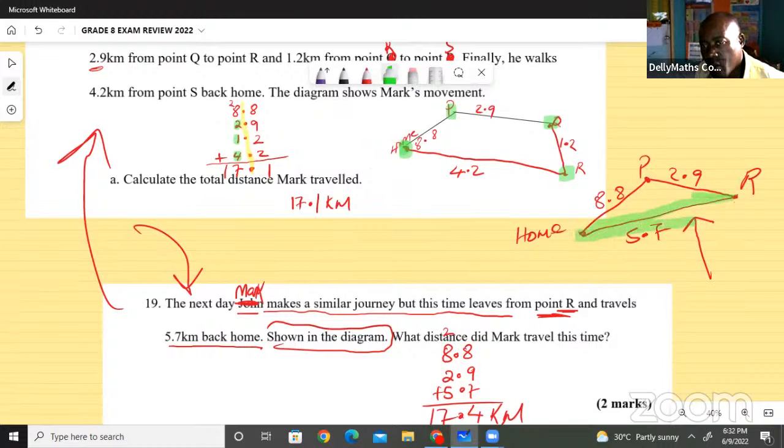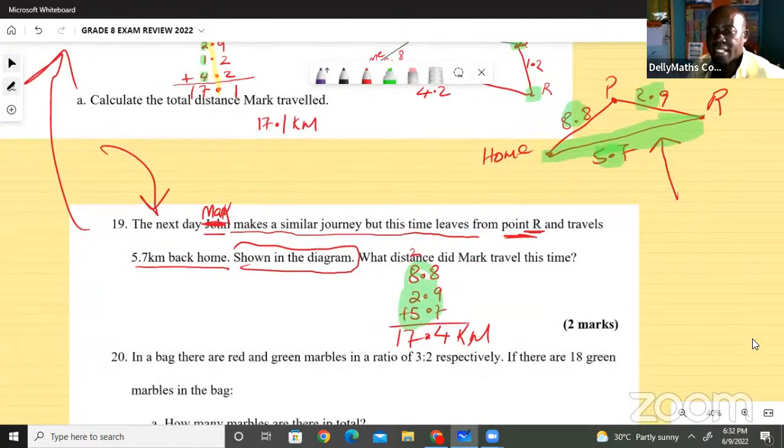So we just add that new journey, add up these numbers, and that's that right there.